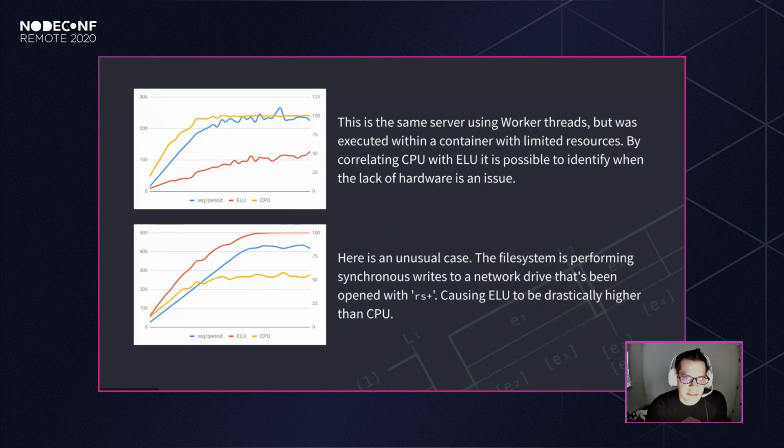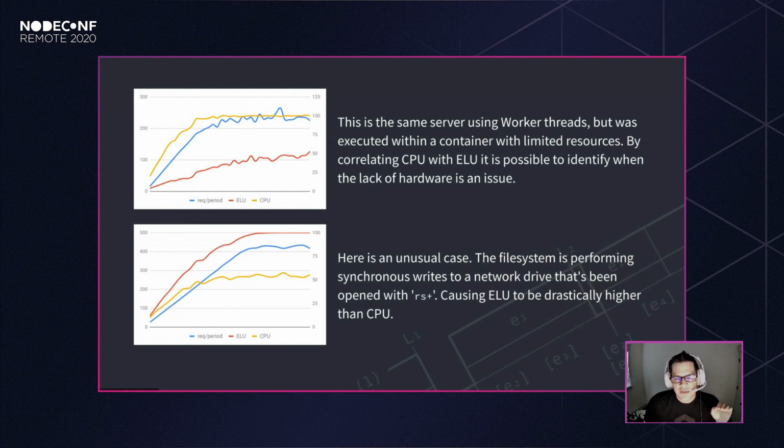Here are two interesting examples. The first one is the same worker thread script, except that it's running within a container, and I only allowed it to use one CPU worth of resources. But as we can see, it hits the CPU max very quickly, and so does the request per period. But then the ELU is very slowly, but almost indistinguishably, ramping up. That's because what's happening is just the kernel swapping other stuff.